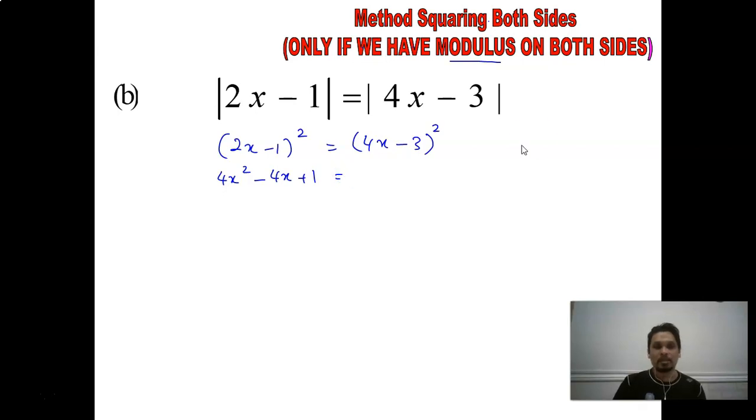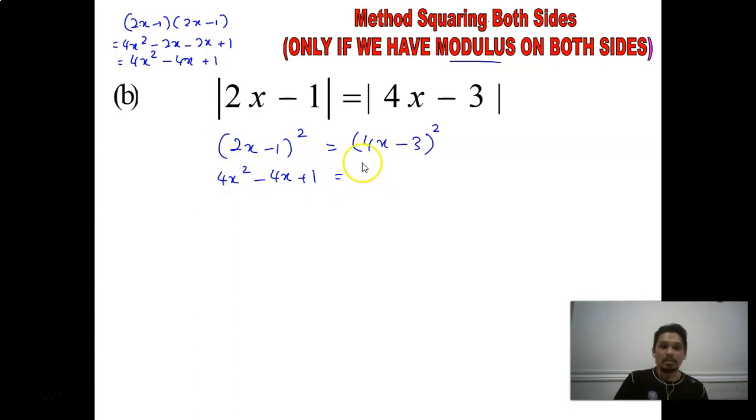I'll explain separately here, so you may refer to this to understand the process. 2x times 2x, 4x squared. 2x times negative 1, minus 2x; negative 1 times 2x, minus 2x; negative 1 times negative 1, positive 1. So then, 4x squared minus 4x plus 1.